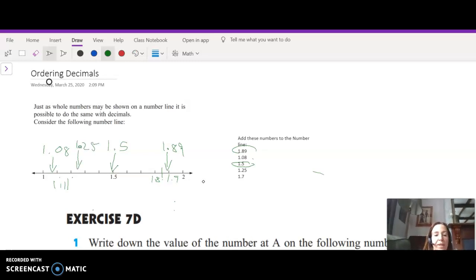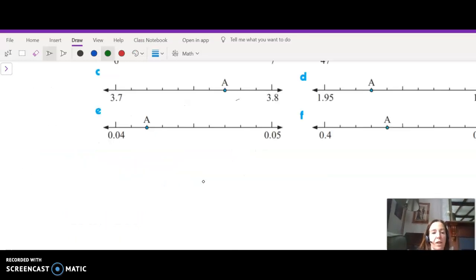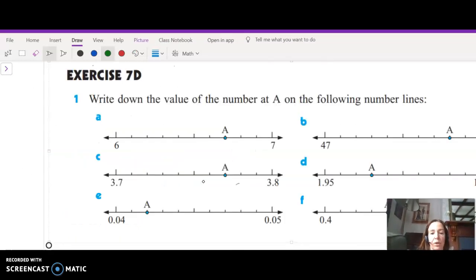And then 1.7, we've kind of already discussed it. It's going to be exactly there, and 1.567. Okay, so hopefully you will be able to have a look at those and do them.